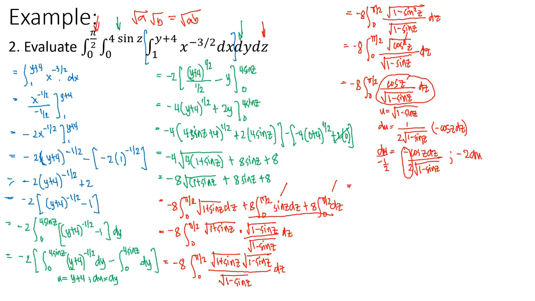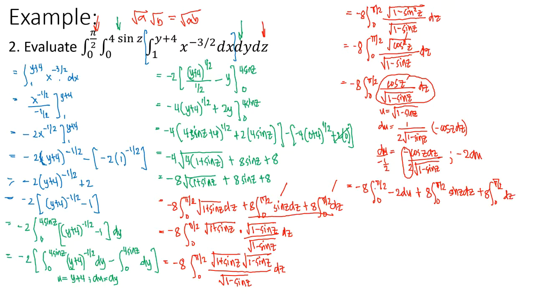So we have negative 8 from 0 to pi over 2, negative 2 du here. And then what we have left is plus 8 times integral from 0 to pi over 2 of sine z dz, plus 8 integral from 0 to pi over 2 of dz.